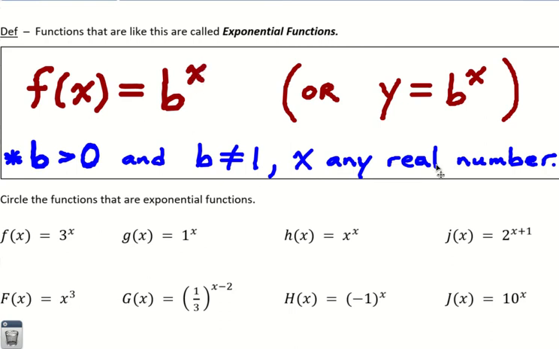And here we have some fine print, as you'll often see in textbooks and mathematical definitions. So we have some specifications, some technicalities. The fine print here is that this base b has to be greater than 0, and it's also not allowed to equal 1.